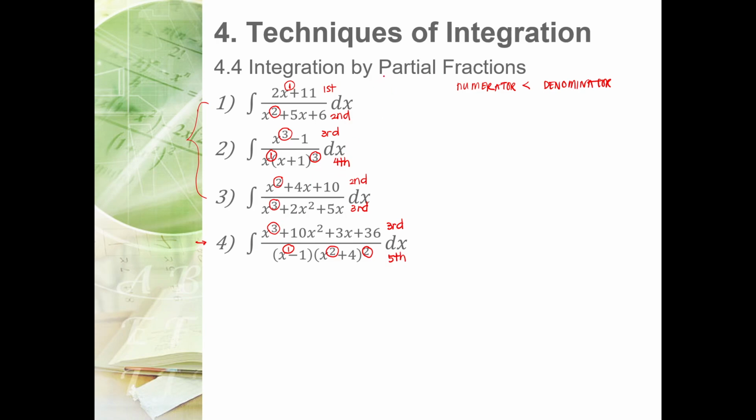So again, you can use partial fractions if the degree in the numerator is lesser than the degree in the denominator. What if the degree of the numerator is equal to or greater than the denominator? If it's greater or equal, you can use long division.